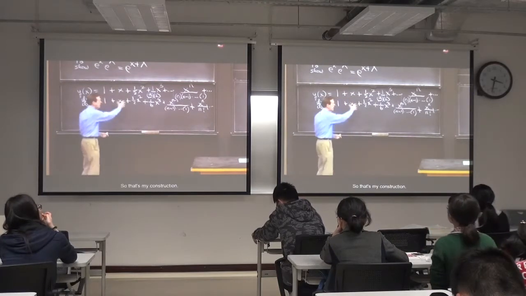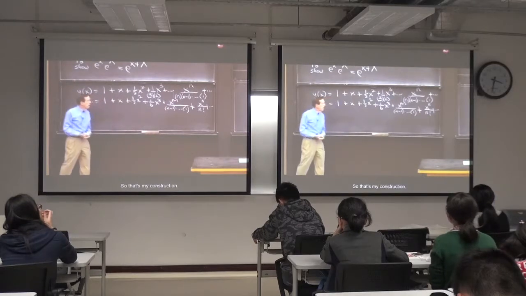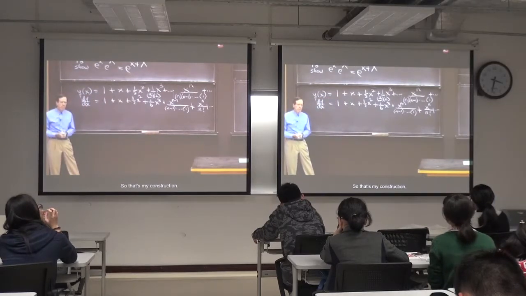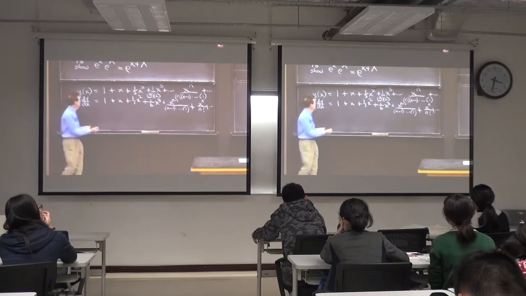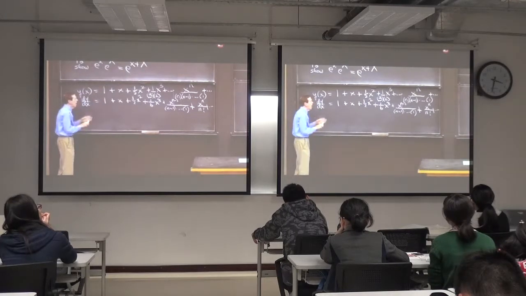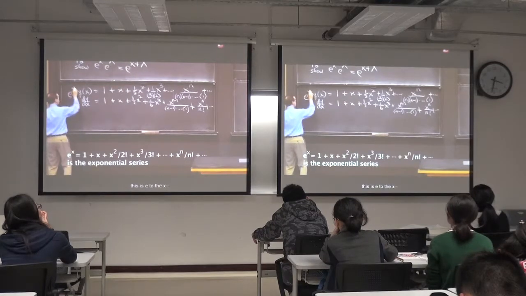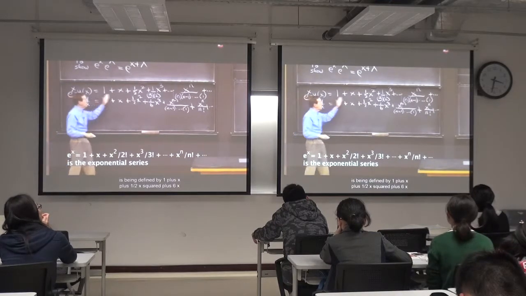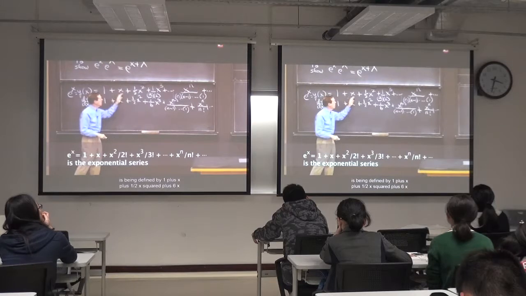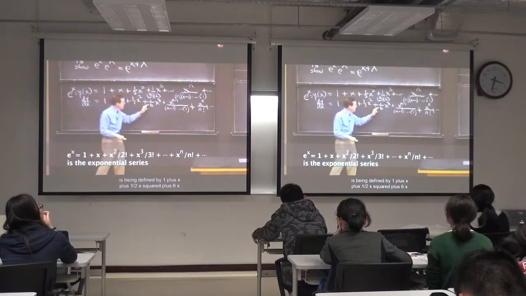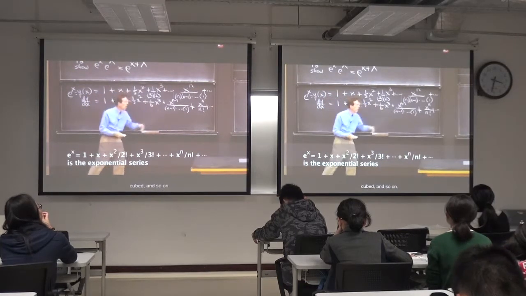Okay, so that's my construction. Construction complete. The exponential function, e to the x, is being defined by 1 plus x plus a half x squared plus a sixth x cubed, and so on.